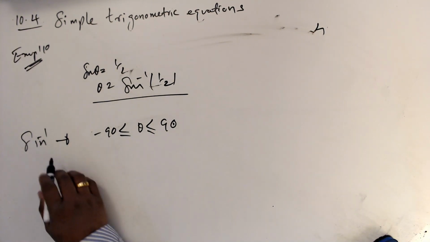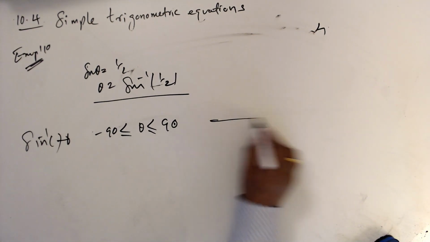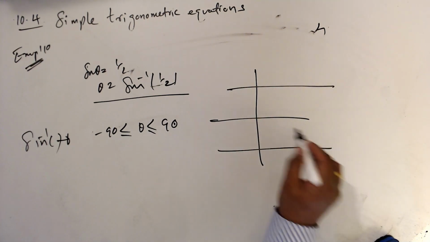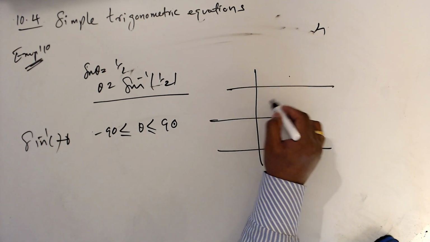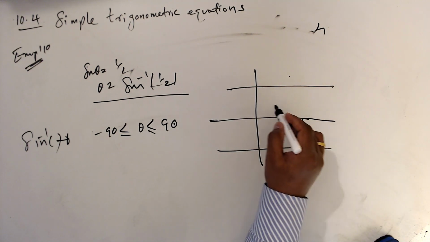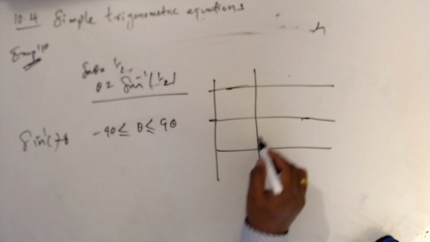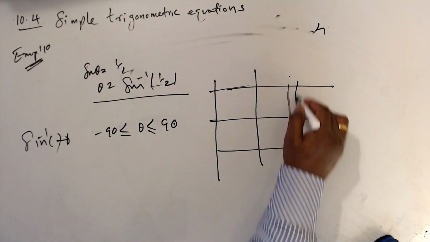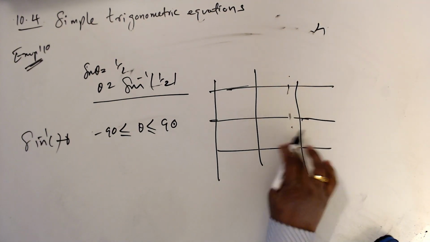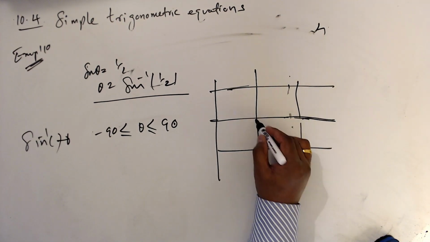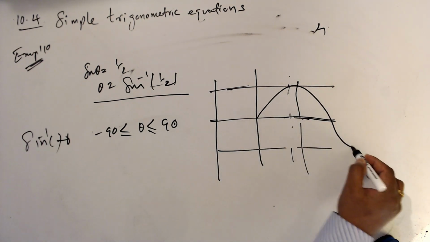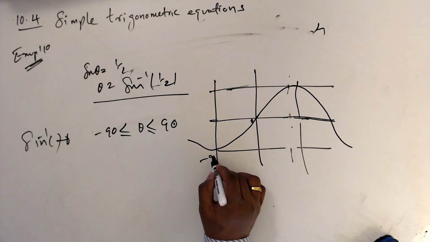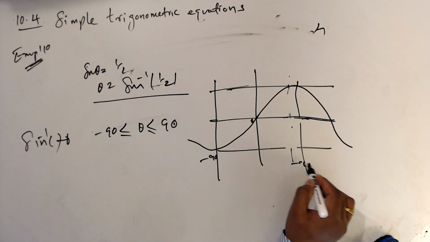Always when you get the inverse, the answer you get is between minus 90 and 90. So this is the sine graph. The graph goes like this. So this is 0, this is minus 90, this is plus 90.